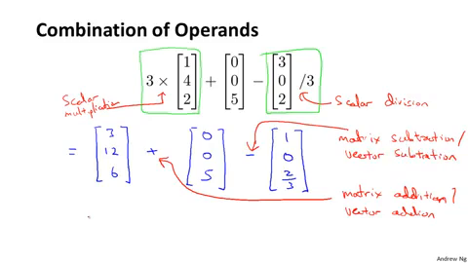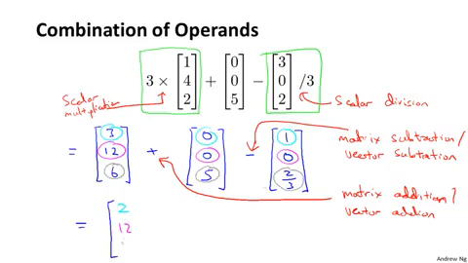Okay? And finally, to wrap this up, this gives me a vector whose first element is going to be 3 plus 0 minus 1, so that's 3 minus 1, which is 2. The second element is 12 plus 0 minus 0, which is 12. And the third element is 6 plus 5 minus 2/3, which is 11 minus 2/3, so that's 10 and 1/3.